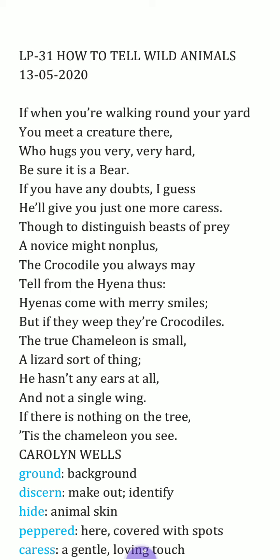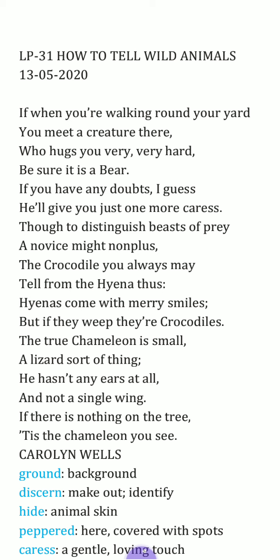This kind of questions are there. But here we don't have to read about this. Here we'll just have to identify the behavior and traits of the animals who are actually beasts of prey.